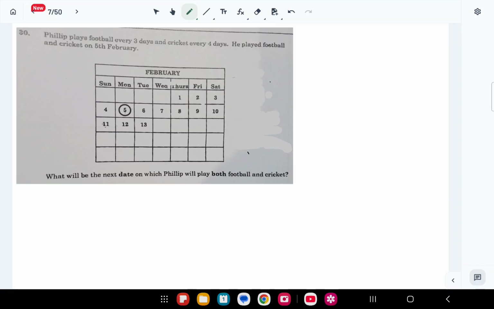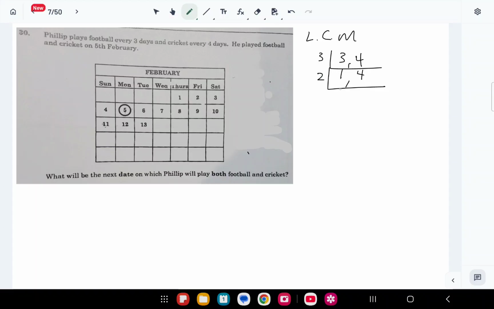Alright, so the LCM, lowest common multiple, of 3 and 4. To find the lowest common multiple, we divide by small prime factors. I'll start with 3. 3 can go into 3 one time without leaving a remainder. 3 cannot go into 4 without leaving a remainder, so you put back the 4.